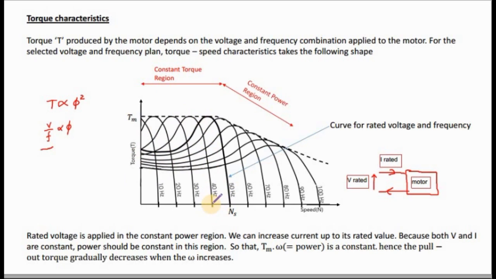You may be getting something like this, because you can't produce the maximum torque if you do not apply the correct V by F, right? We need to try to get maximum torque from the motor.